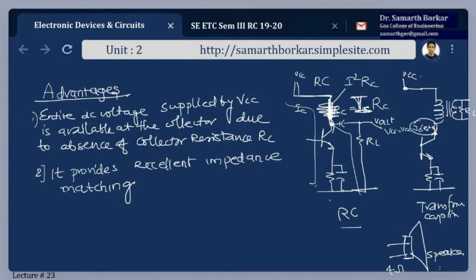So what we are going to do, we are going to select this transformer in such a way that this number of turns will give me 4 ohms, and this depends on the number of turns. These 4 ohms now will be in parallel with the speaker 4 ohms. So maximum power transfer is possible. So this is most important for impedance matching.